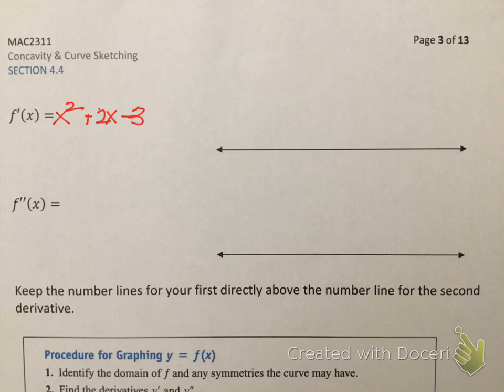We need to factor that. That would give me the quantity x plus 3 times the quantity x minus 1. When I set that equal to 0, I get x equals negative 3 and x equals 1. Those are my first order critical points.